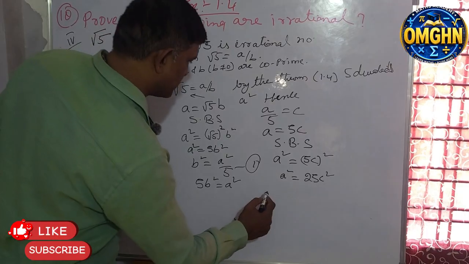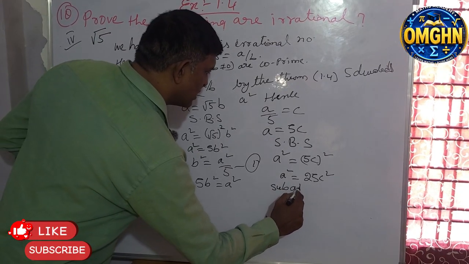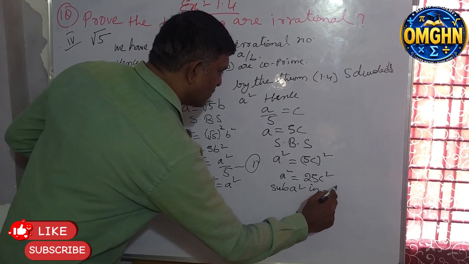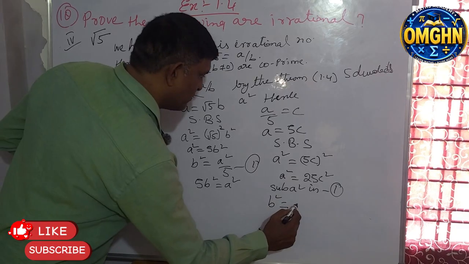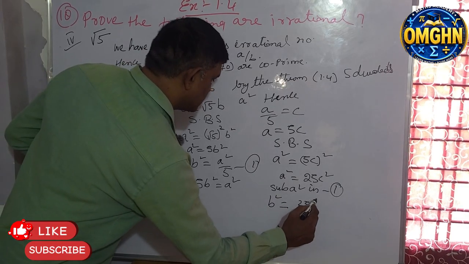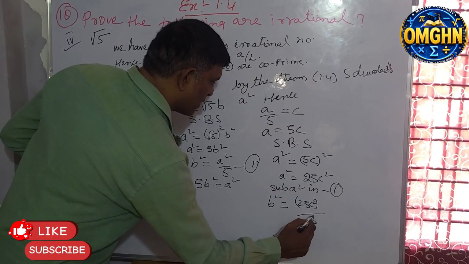Now we are substituting a square in the first equation. That is b square equal to 25c square by 5.